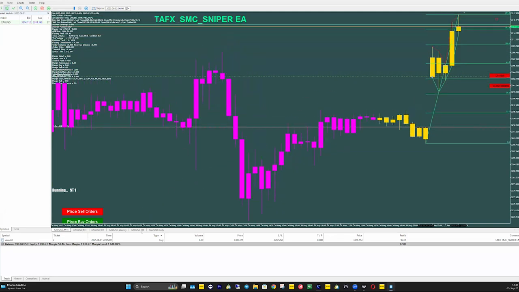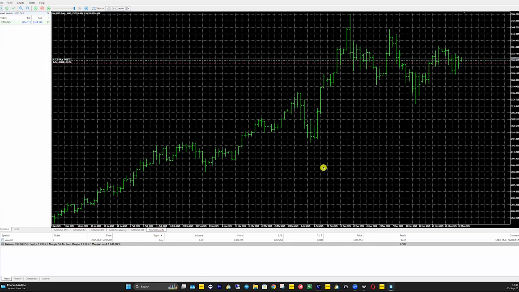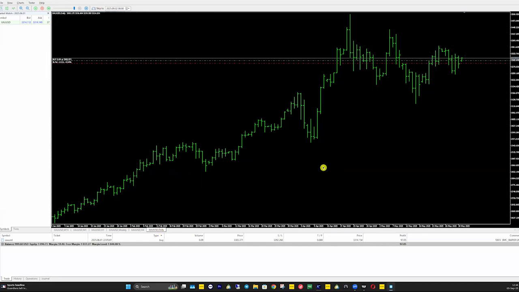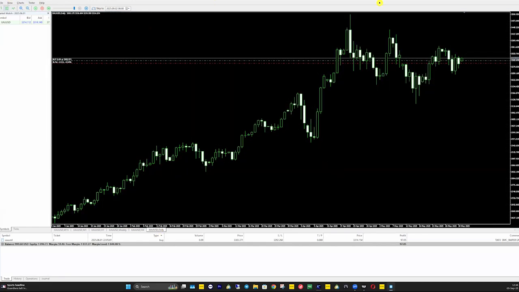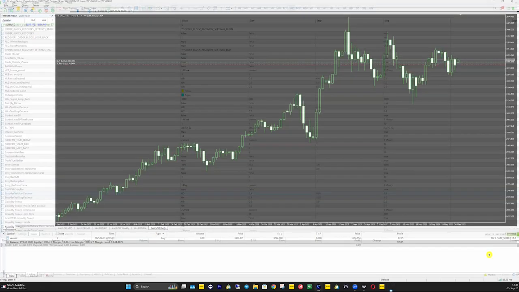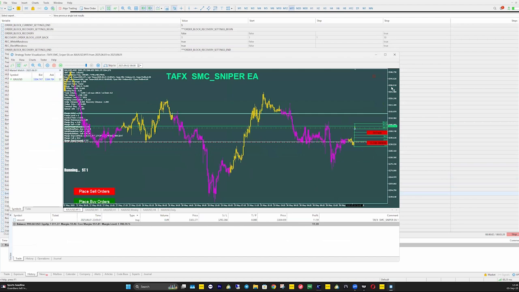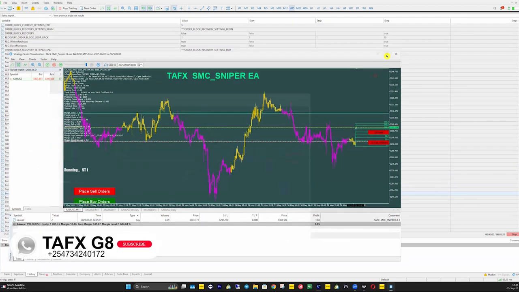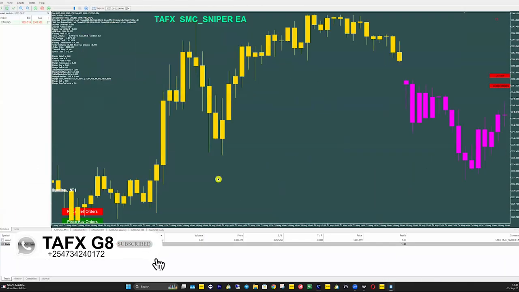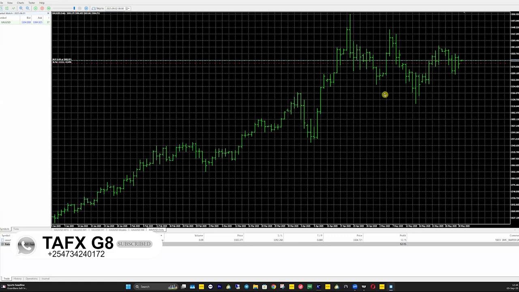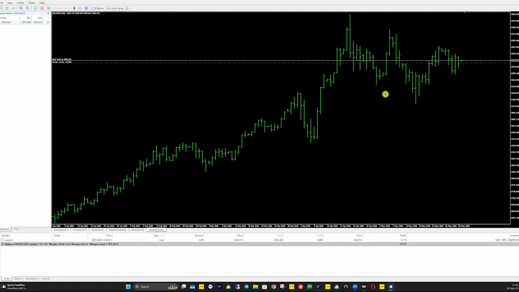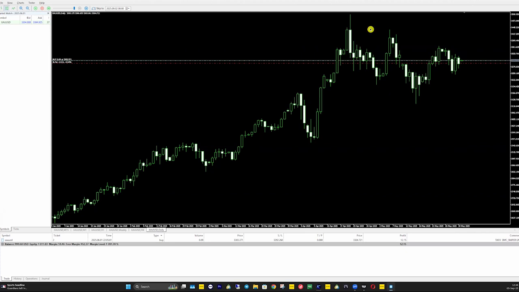So this market, let's go to our daily time frame here, so that you can understand what I'm talking about. Now, let me close so that we can start afresh by demonstrating what I'm talking about. This is a daily time frame here, so we can see what I'm talking about.